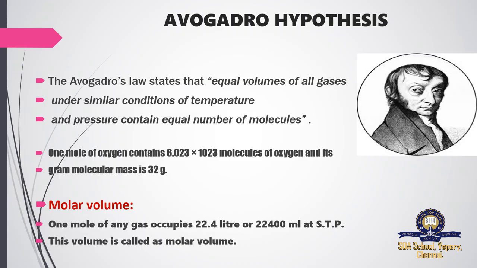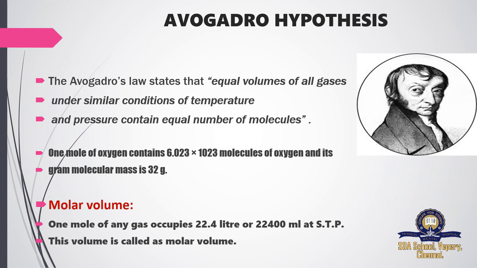Next, molar volume. 1 mole of any gas occupies 22.4 liter or 22,400 ml at STP. Here STP: S means standard, T temperature, P pressure. This volume is called molar volume.